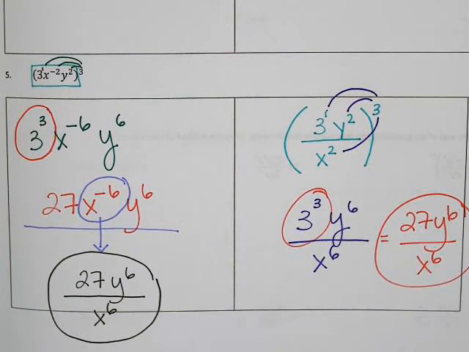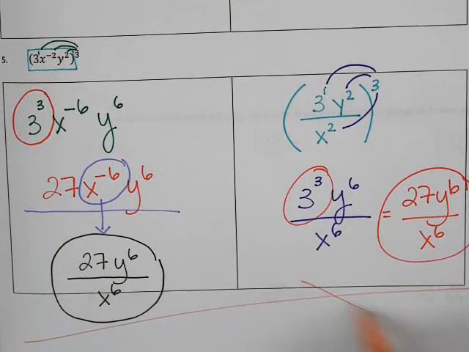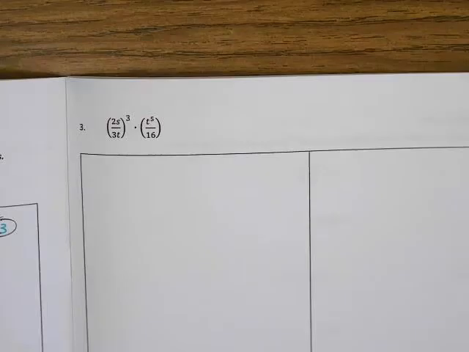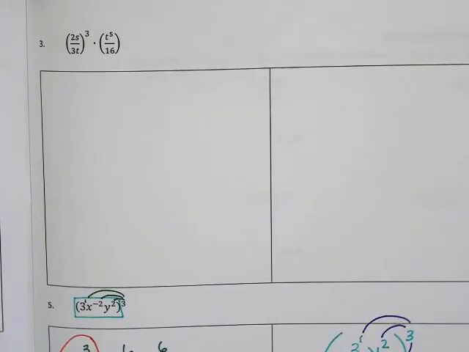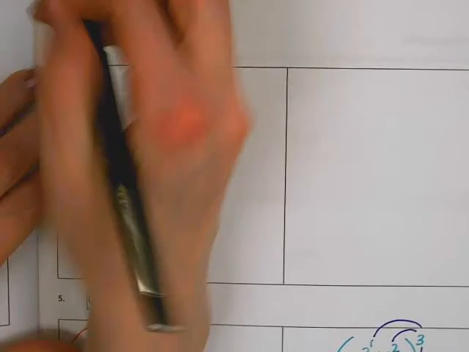That's it. All right, if you guys are feeling like you can't do any more, feel free to stop right here. If you want, though, I will do number 3 up top. And I can only think of maybe one way to do this one, so we'll just do this one way. Okay, now on this one, we probably have to start by distributing.